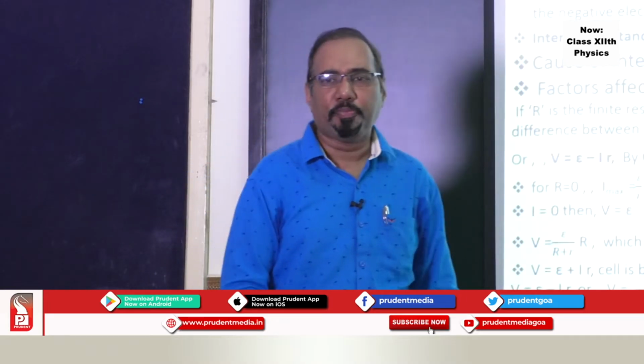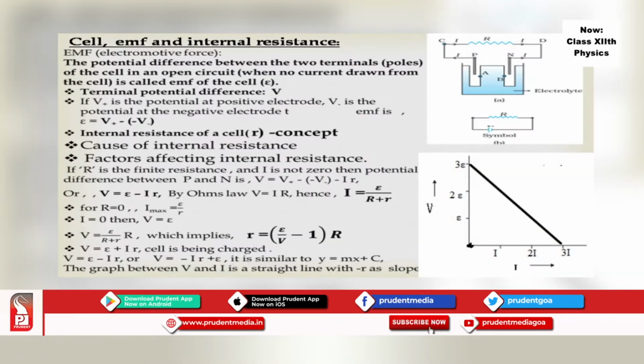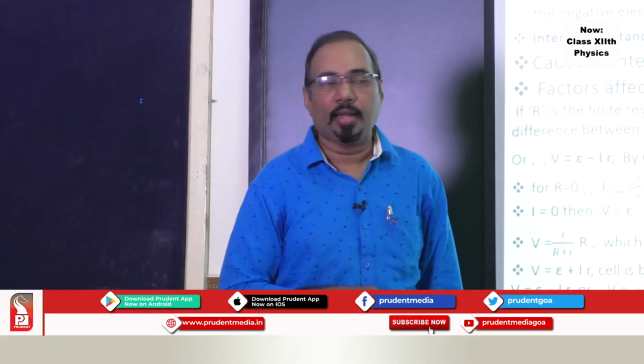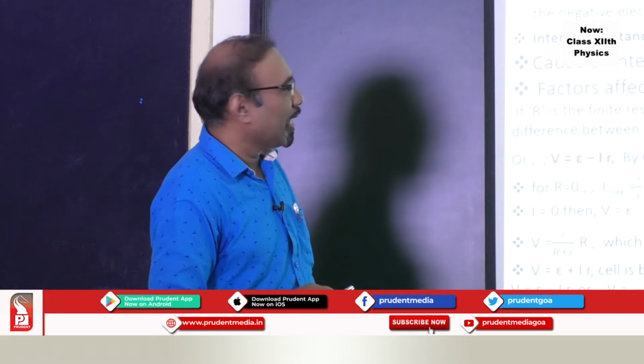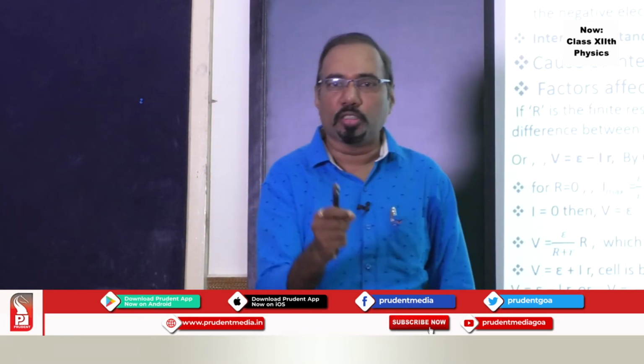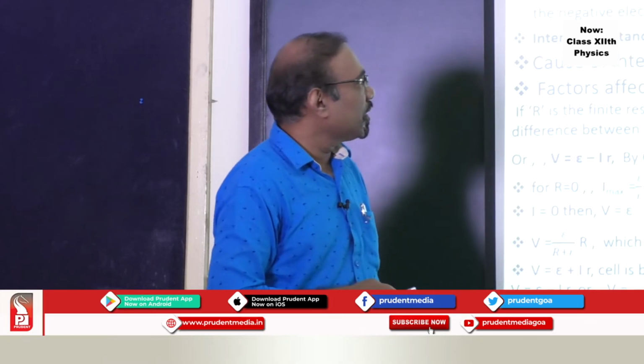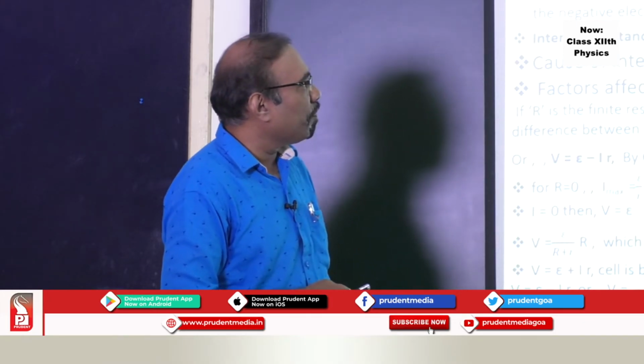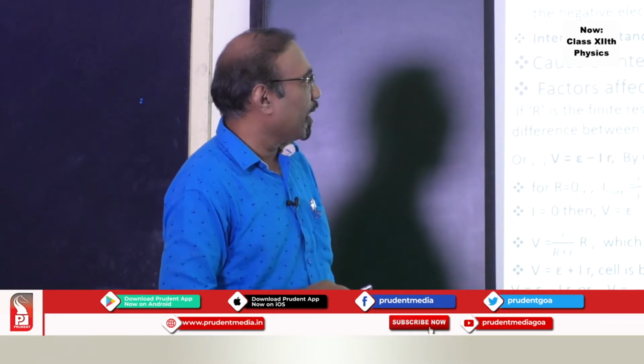Then EMF or electromotive force is nothing but the potential difference between the terminals of this electrode when the cell is supplying no current. So when the cell supplies no current, the potential difference between the ends of this cell is called the EMF of the cell. It is electromotive force. It doesn't mean that it is a force, it is an energy. So this is electromotive force, which is V plus minus V minus.